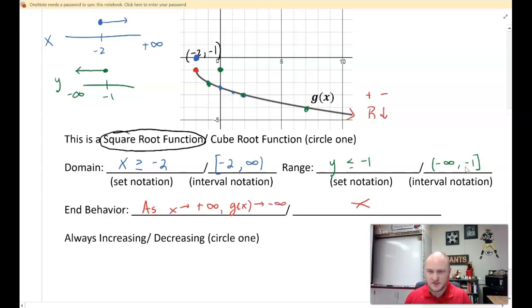And the two examples I showed you were just x going to positive infinity. You can have an example where it goes the other direction, and we'll see that in this lesson. Okay, is this an increasing or a decreasing function? Well, as I go left to right, is it going up or down? It's definitely going down, so this is a decreasing function. Left to right, up or down, decreasing.